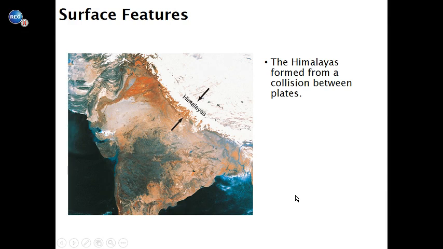And there's other places. The Himalayas are a collision between plates that is forcing the mountains upwards, and they are very young mountains. The Appalachians formed in the same way, but much earlier, and so they're much older, much more eroded mountains.